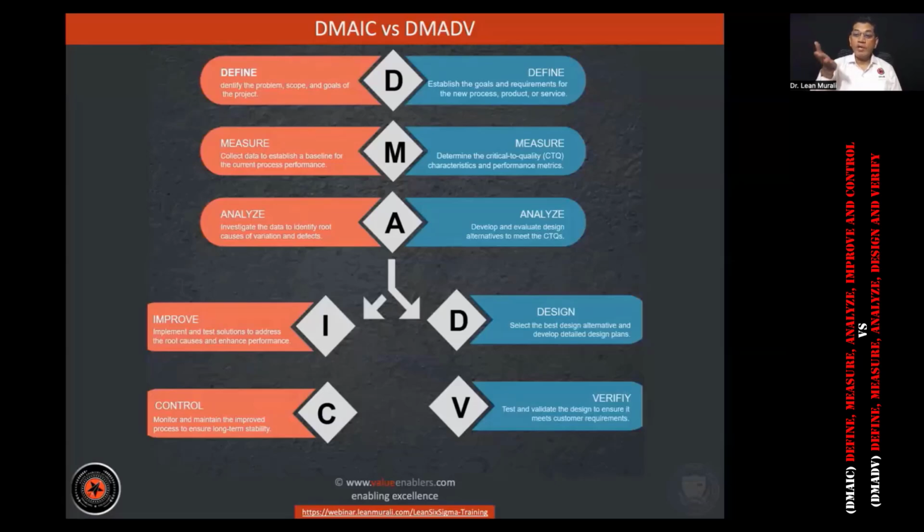So you keep monitoring to ensure that it doesn't fall back, and maintain. You use a lot of tools to monitor, like control plans, etc., and monitor and maintain the improved process to ensure long-term stability. Whereas in DMADV, you have selected the best design alternative and developed the detailed design plans. Now you test and validate the design to ensure that it meets customer requirements.